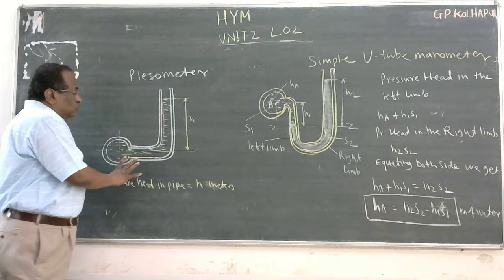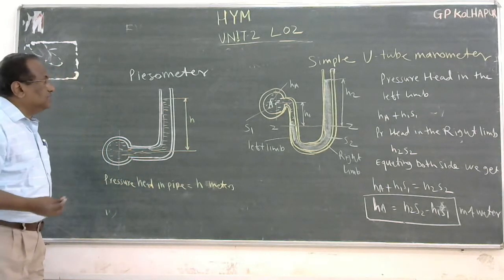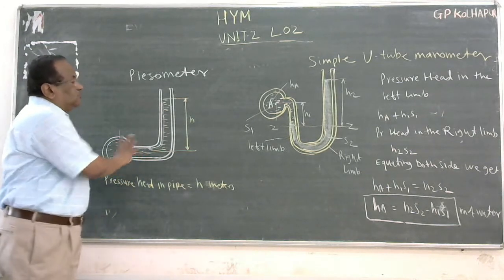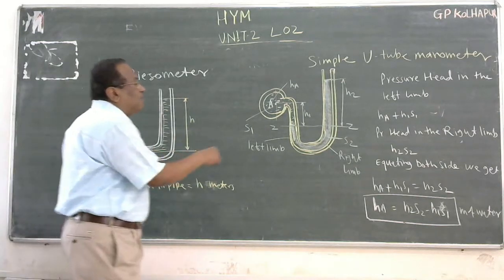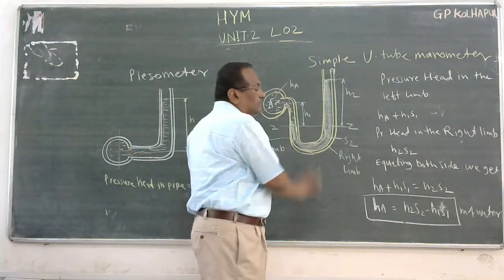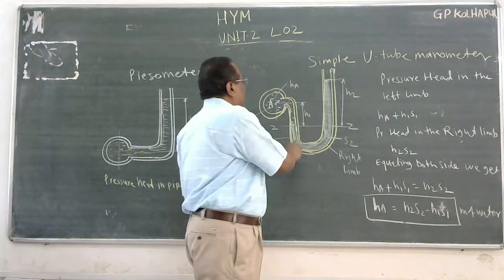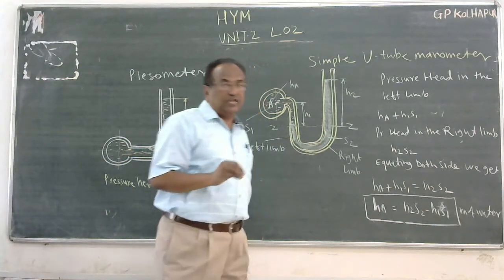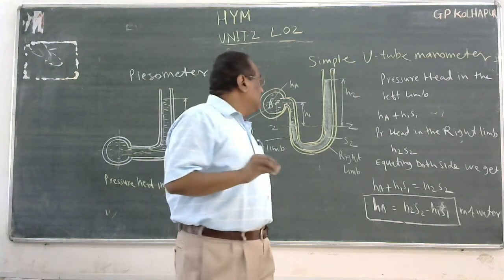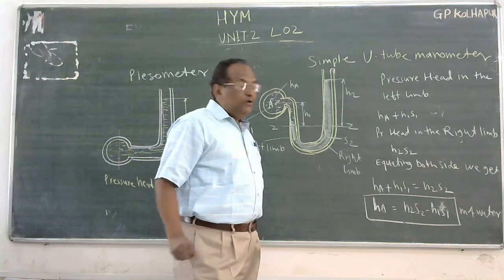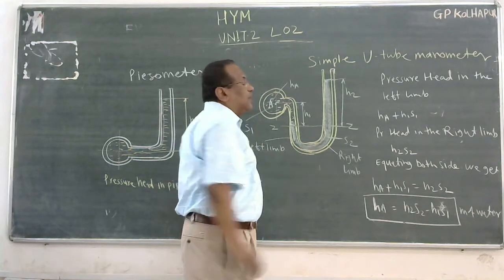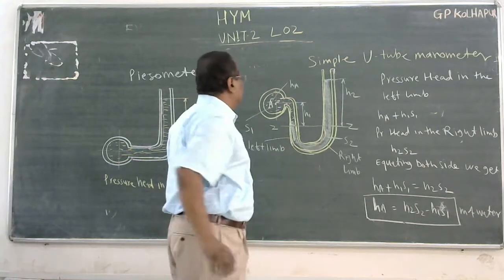So, to overcome these limitations, this piezometer is slightly modified and given the shape of a U-tube. Another manometric liquid is introduced here, commonly mercury. Mercury is used as a manometric liquid in the U-tube manometer.